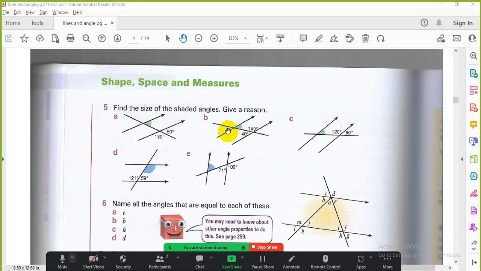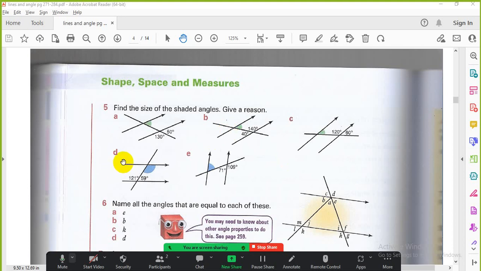It is 40 degrees because alternate angle is Z shape. So it's 40 degrees. Yes, 40 degrees. C. C is 60 degrees. That is also corresponding angles.